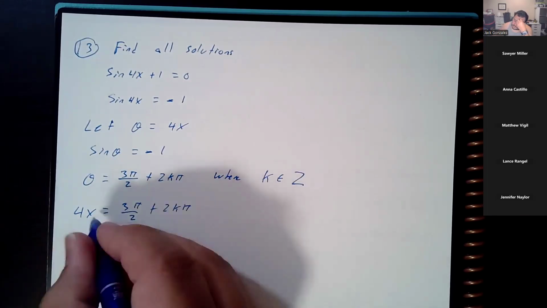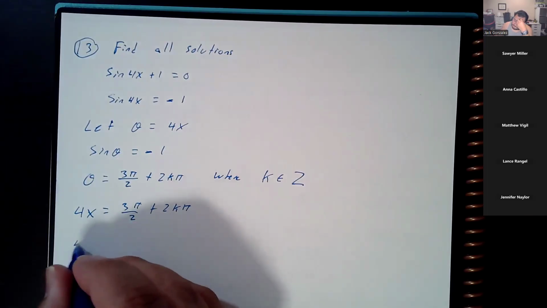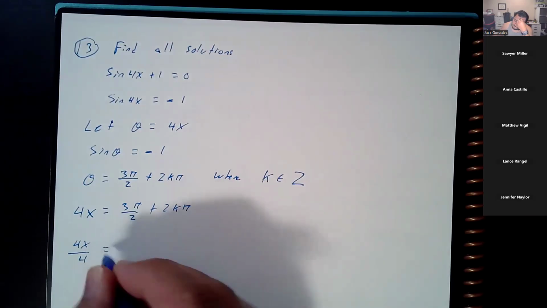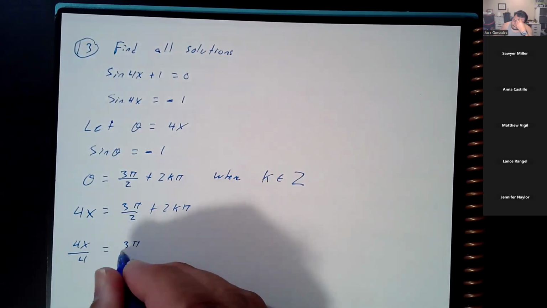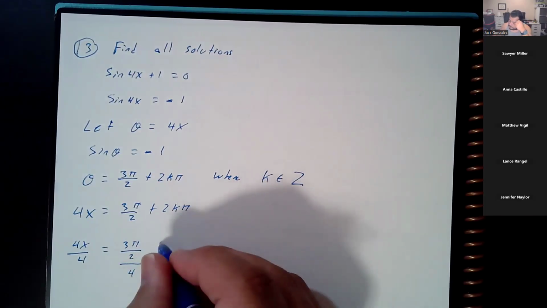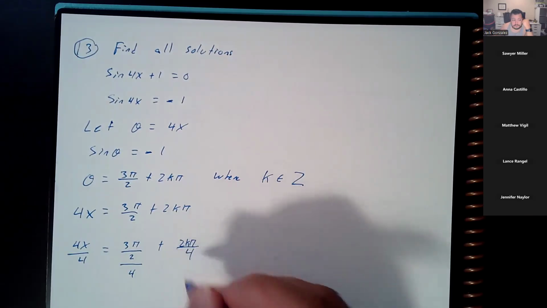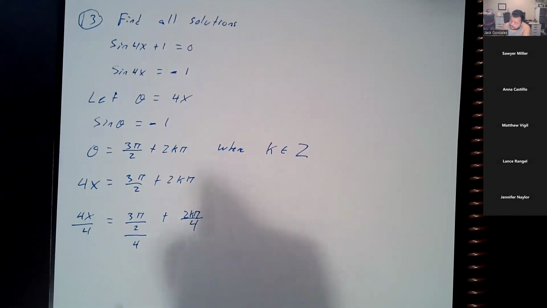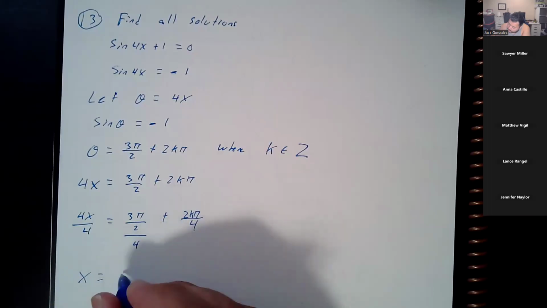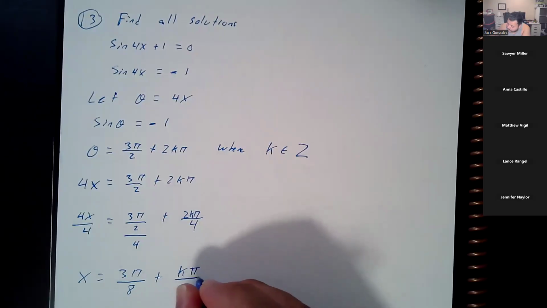Solve for x, divide by 4 everywhere. That'll give us x equal to 3 pi over 8 plus k pi over 2.